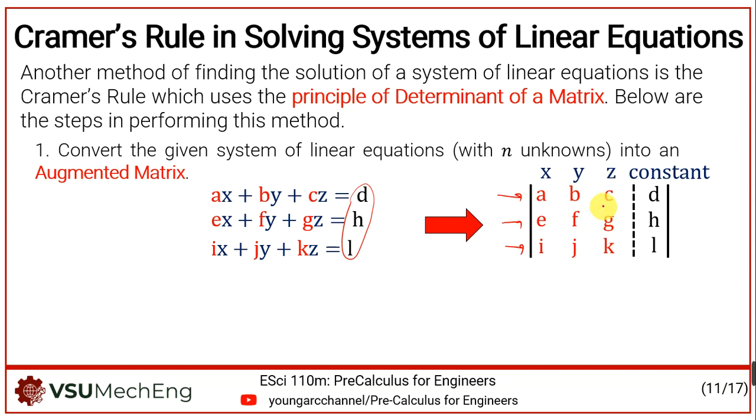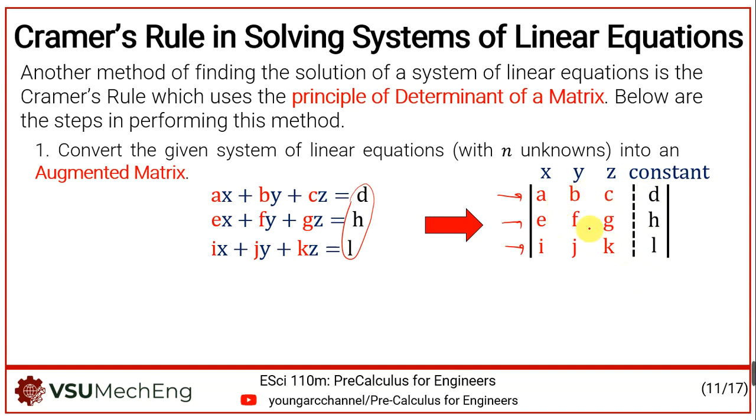The third column corresponds to the coefficients of the z term from equation 1 to equation 3. And lastly, the constant column is separated by these hidden lines so that we can see the coefficients and the constants separated from each other.